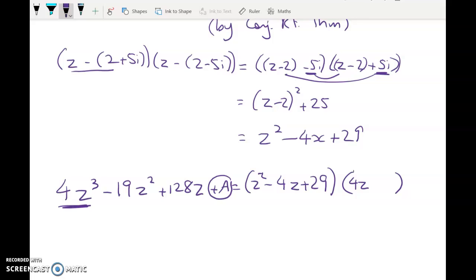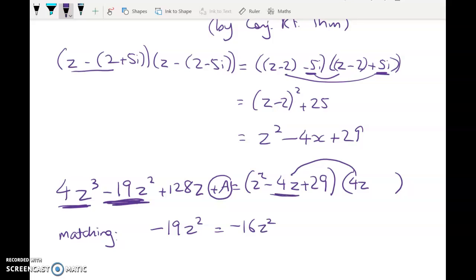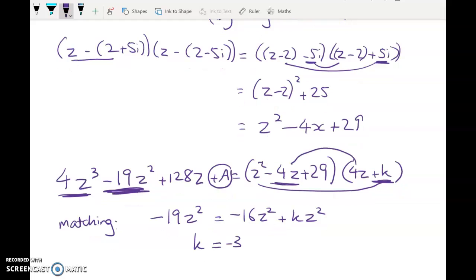If we're going to end up with negative 19z squared, then we can match that up with the right-hand side. Negative 19z squared is going to come from two places. It's going to come from here, negative 16z squared, and then the rest of it has to come from this, plus kz squared. That means that k has to equal negative 3.